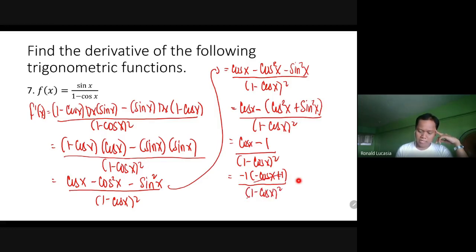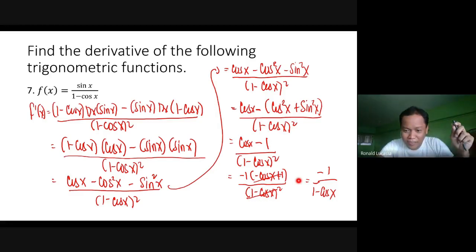Pwede kong matanggal ang isang 1 minus cosine x dito. Tama, pwede. So ang matitira ko diyan ay negative 1 over 1 minus cosine x. Pero tinatanggap natin yung 1 over, walang negative? Hindi yun negative.